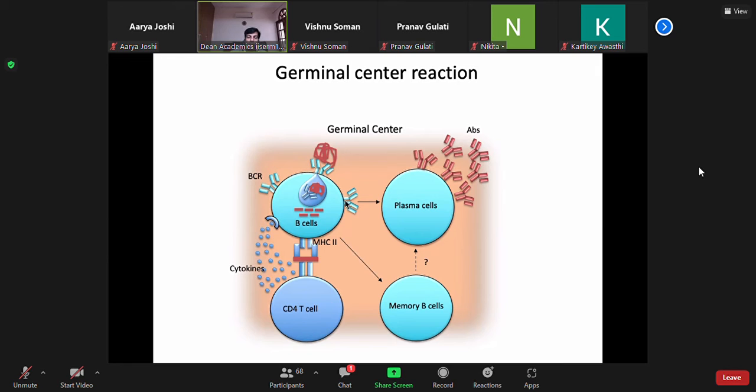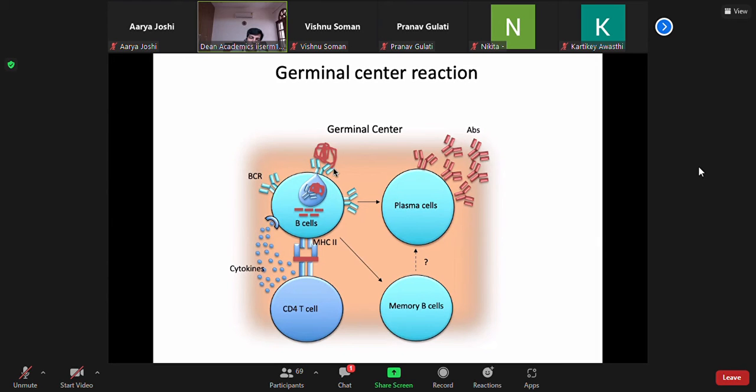Okay, so broadly, you are looking at this cell, B cell, right? B cells have on their surface these B cell receptors. These B cell receptors sense the presence of this antigen in unprocessed form.